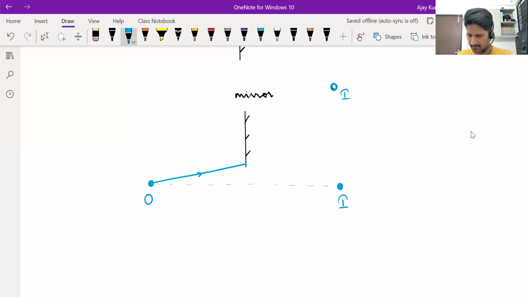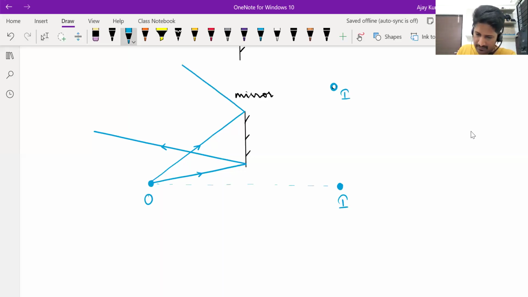You can take a ray like this. Now, according to the laws of reflection, angle of incidence should be equal to angle of reflection. So the first ray gets reflected like this. And the other one, again, angle of incidence should be equal to angle of reflection. So if I maintain that, it gets reflected somewhat like this.